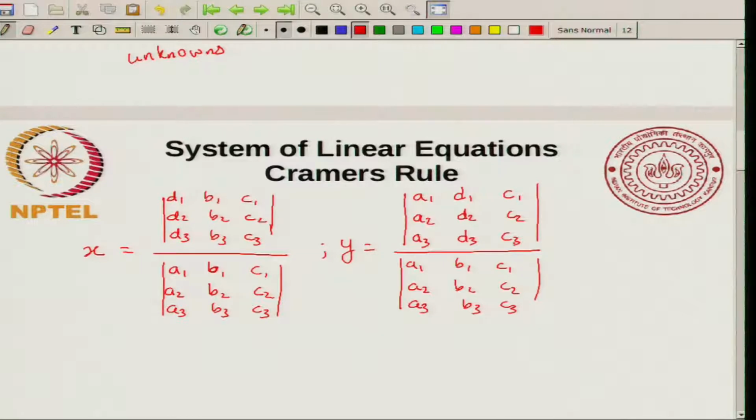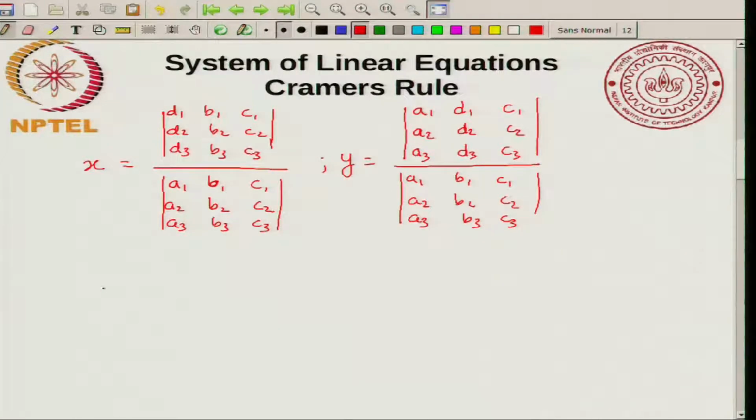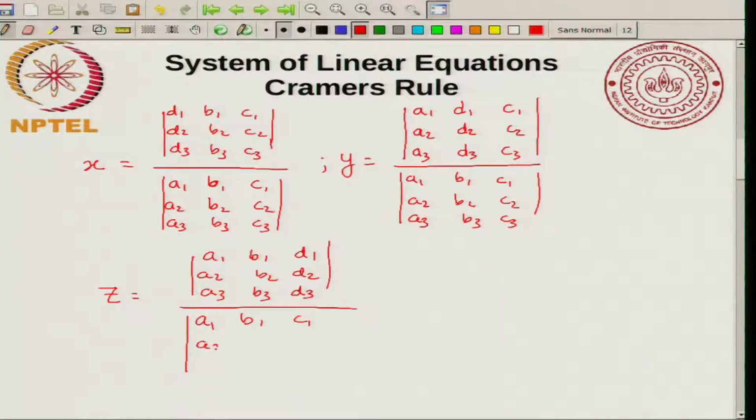And similarly for z, z is equal to the determinant a1 b1 d1, a2 b2 d2, a3 b3 d3, divided by a1 b1 c1, a2 b2 c2, a3 b3 c3. So, what we did is we have this determinant of the matrix, and the denominator for x, y, z is the same. In the numerator, in the first case you replaced the first column with d1, d2, d3. In the case of y, you replace the second column with d1, d2, d3. In the case of z, you replace the third column with d1, d2, d3.